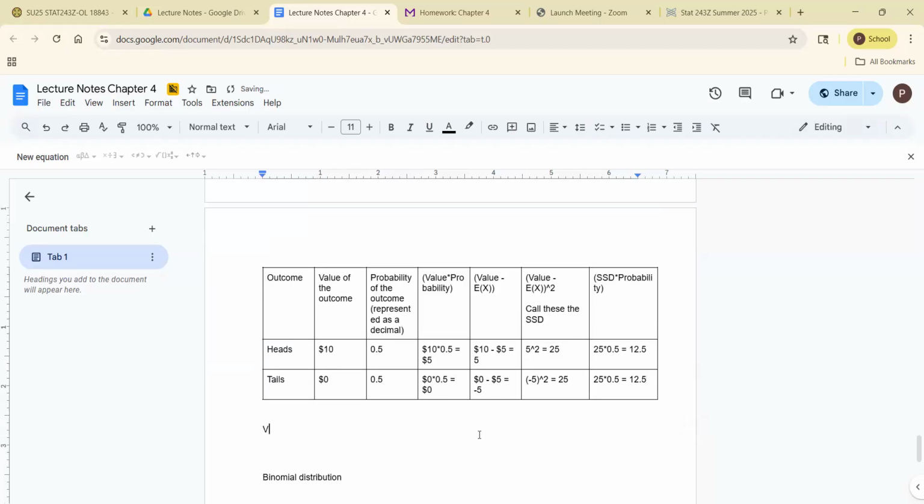And now we're ready for the variance. Variance of a discrete probability distribution is the sum of the SSD times probabilities. So in this case, it's 12.5 plus 12.5, which is exactly equal to 25.